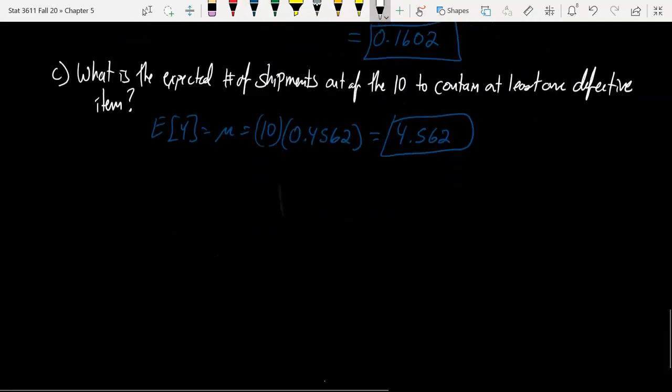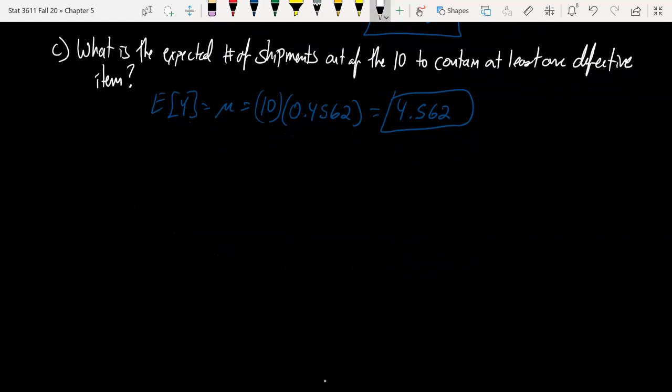All right. Let's do one last fresh example here, to finish out getting some familiarity with the binomial distribution.